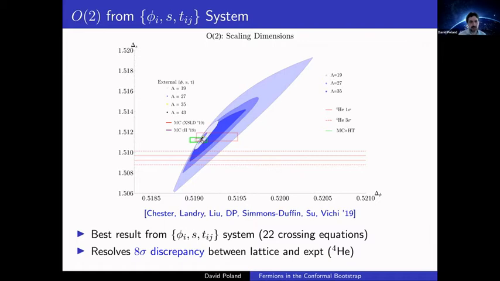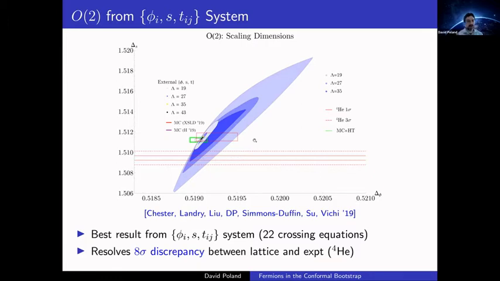And shown in these rectangles are various Monte Carlo determinations. The smallest one is a recent Monte Carlo simulation by Hasenbusch. And this horizontal band here is showing the numbers extracted from this helium-4 measurement. And so this was part of the motivation for us to push these bootstrap bounds further, is that there seemed to be some kind of disagreement between the exponent extracted from the helium-4 measurement and the Monte Carlo simulations.